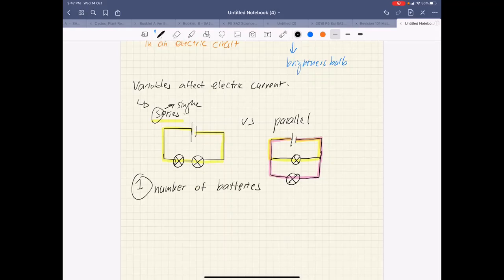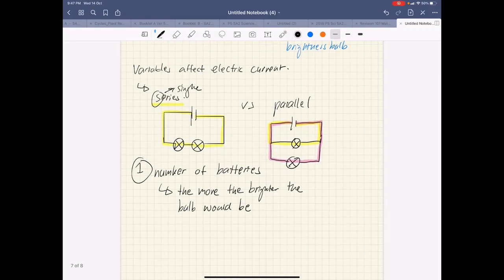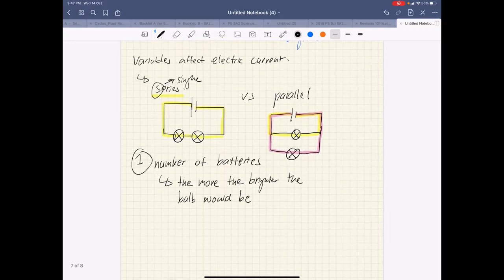The more, the brighter the bulb would be when lit up. However, you cannot use too many, if not, there will be too much electric current flowing through the filament, causing it to melt.